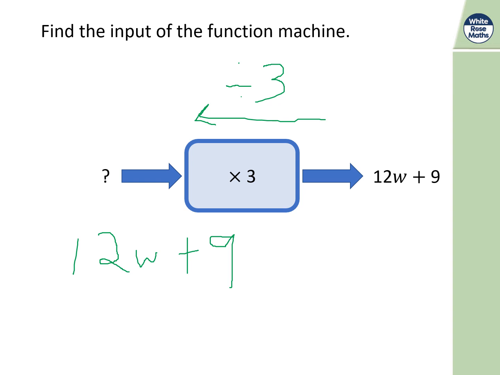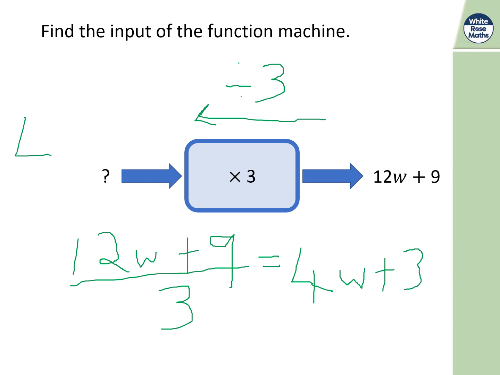I'm going to write it as a fraction just to make it clear. 12w divided by 3 is 4w, and 9 divided by 3 is positive 3. So your input is 4w plus 3, or 3 plus 4w. Either convention is appropriate and will suffice for the examiner.